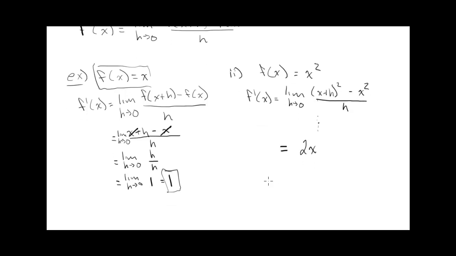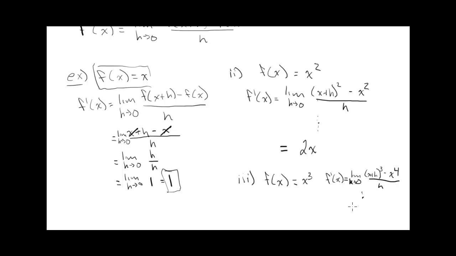And now let's say I give you a third example, and again I'm going to ask you to do this one on your own. f at x equals x cubed. So here f prime is going to equal the limit as h goes to 0 of x plus h cubed minus x cubed all over h.